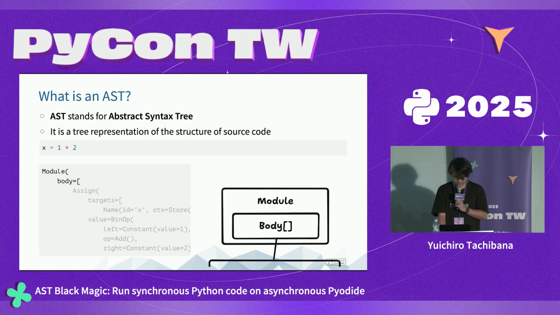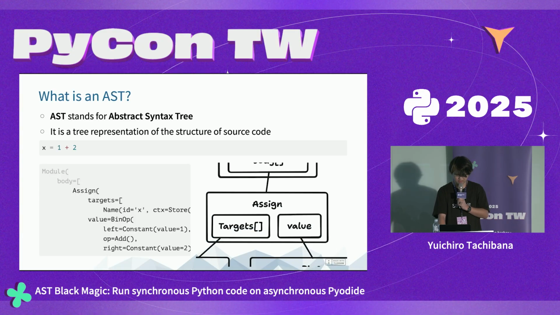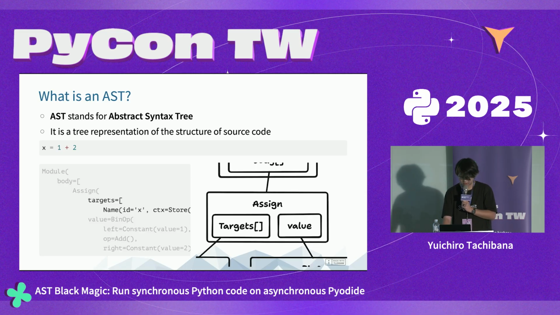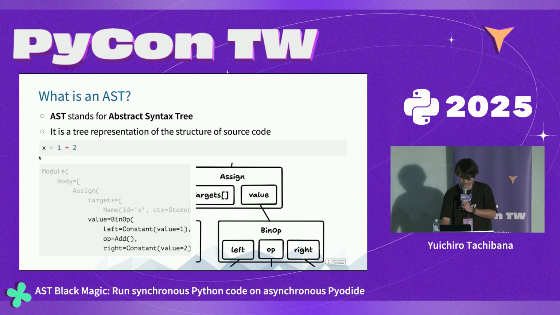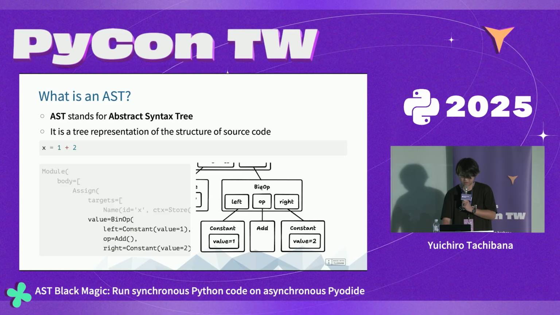You can see that the top level is the Module node, because it's a tree structure. There is a single root node, Module, and it has the body attribute, which is a list of child nodes, in our case a single Assign node, whose target is a single Name x node because the assignment target here is x, and the assigned value is going to be a BinOp, meaning binary operator node.